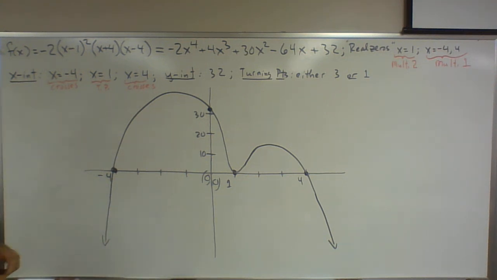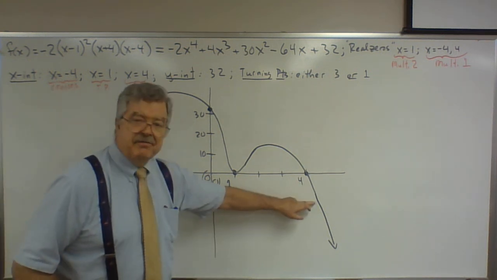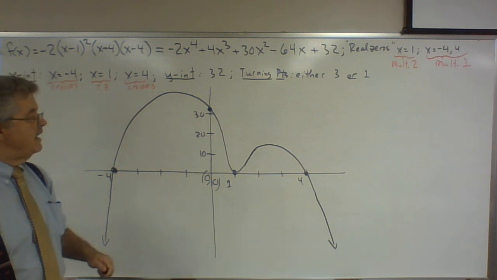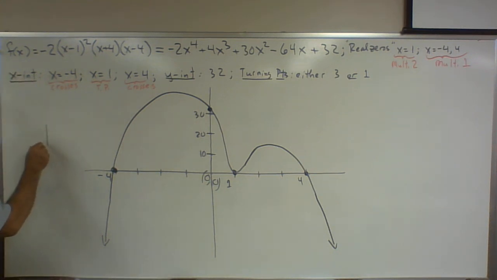And you know what? This part of the graph and this part of the graph agree with our end behavior. A little bit earlier, we said this is what the graph of f of x is going to look like.